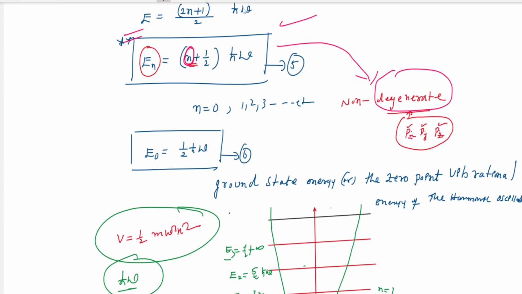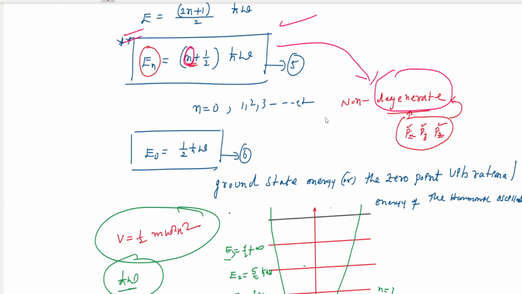All the energy states are the same, but the wave functions are different. This is x, this is y, this is z. Then we can call this type of situation, this type of energy level, degenerate energy.